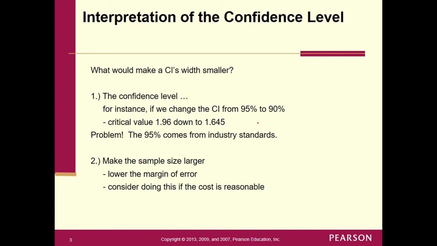The only thing that you really have to consider here is to make sure that it doesn't cost too much to do this. Consider doing this if the cost is reasonable. So if you're doing a survey and you want to increase your sample size, it's probably not going to cost you that much more to do that, if anything. But if you're a medical researcher and you want to bring in 50 more people, that might be thousands, tens of thousands, hundreds of thousands of dollars, because you might have to give them experimental treatments or drugs.